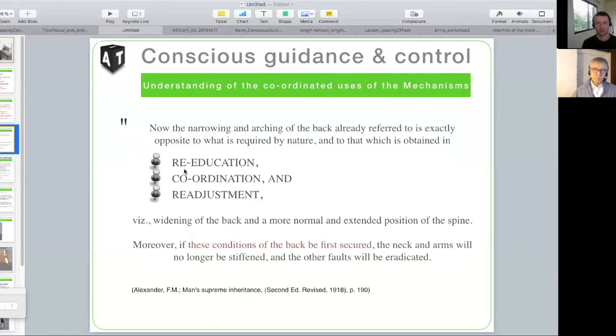So we have to first convince our pupil that reeducation is necessary. And in order to convince the pupil that reeducation of the sensory appreciation is necessary, we need to produce something.